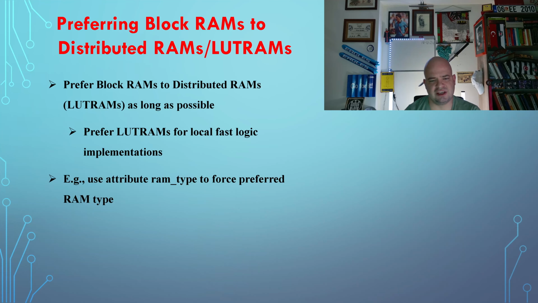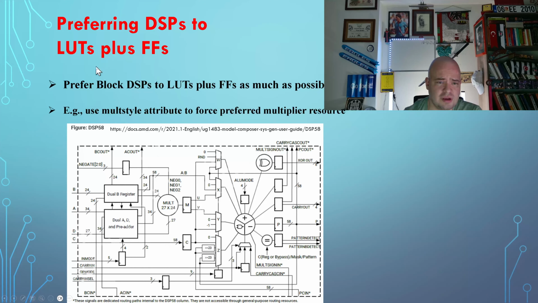That's why plain VHDL is preferred most of the time, especially by experienced HDL FPGA engineers. In that case, you can use this RAM type attribute to force block RAM usage, for instance. This is a good coding practice.